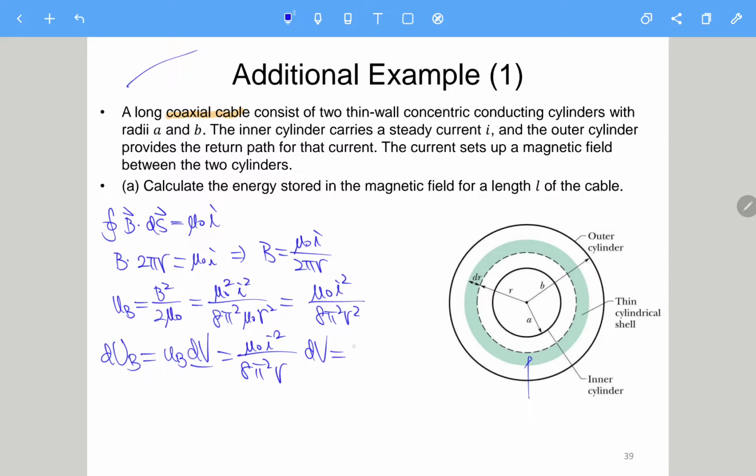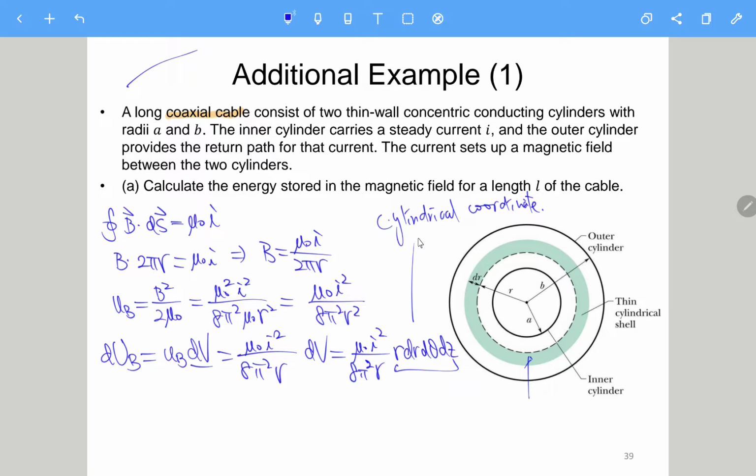This dV should be dr d theta dz in cylindrical coordinates, which is somehow like constructing a polar coordinate with the z-axis.